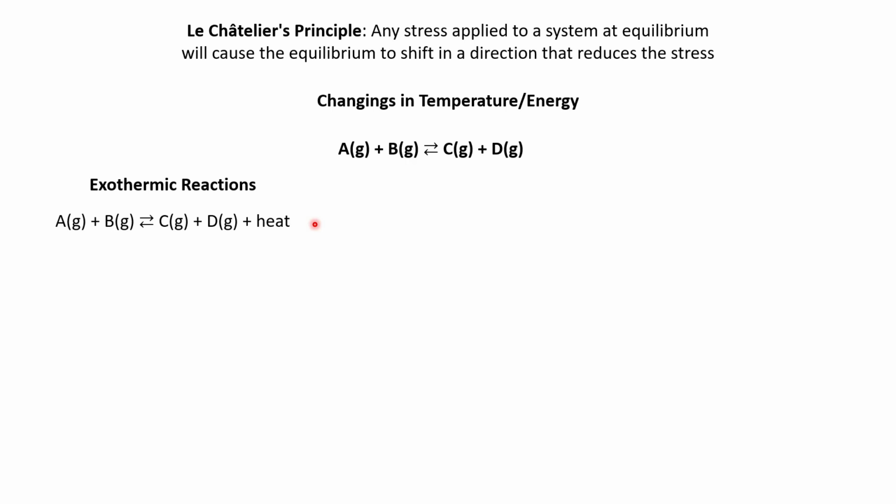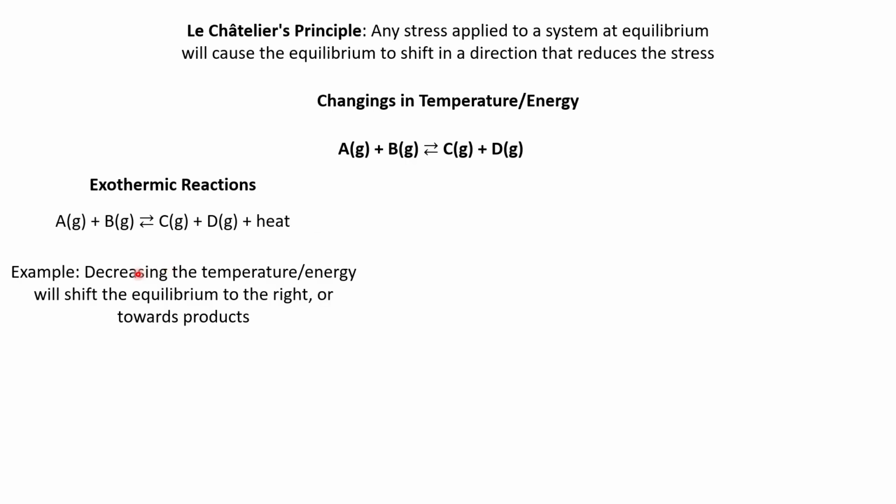If you think about heat as a product, then we can apply our rules for changing amounts. So for example, if we decrease the temperature or the energy, we're going to shift the equilibrium to the right or towards the products. So you can think about this as decreasing the amount of one of our products, heat or energy, and we're going to shift towards that decrease.